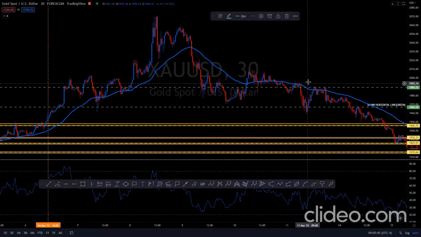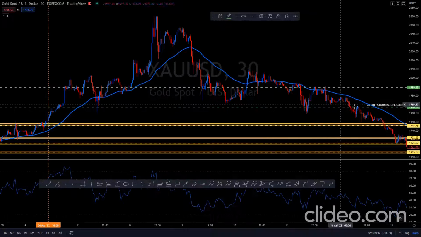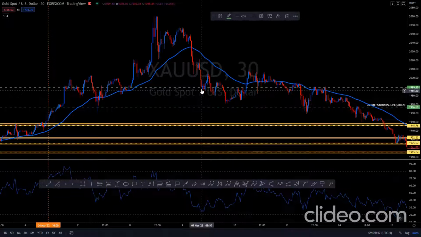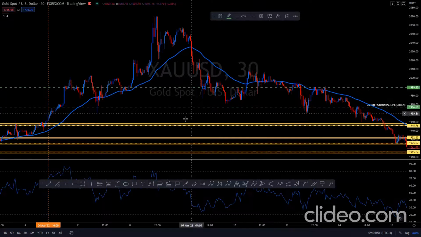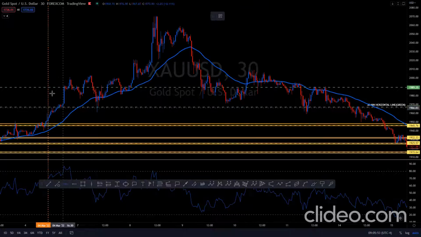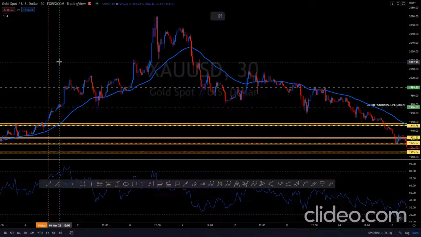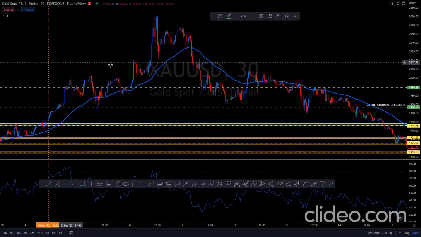You see that this was a base supply zone here and went all the way down to here, but then respected it before. This is a good area here as well.